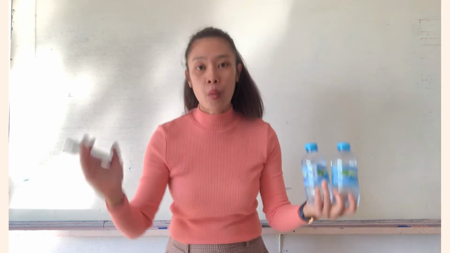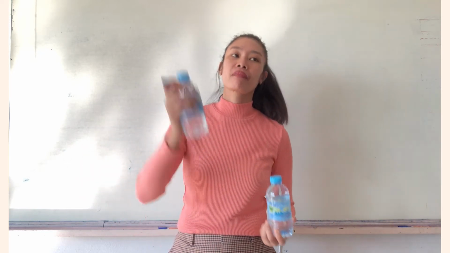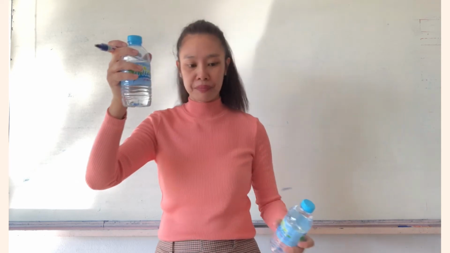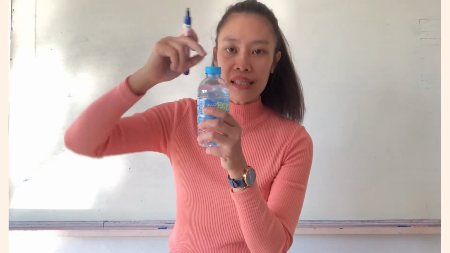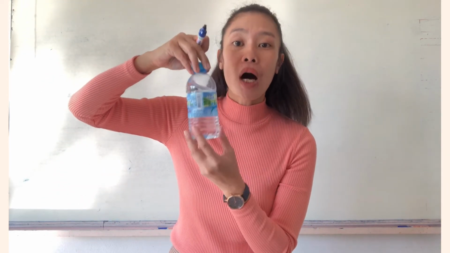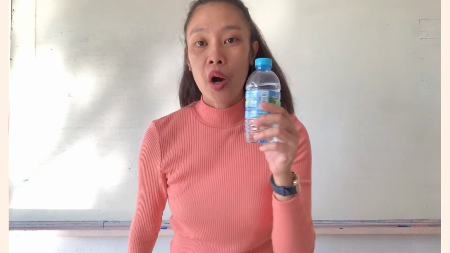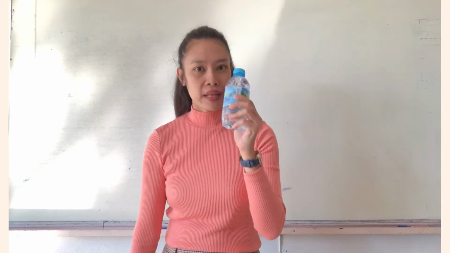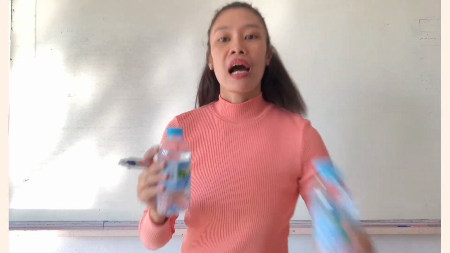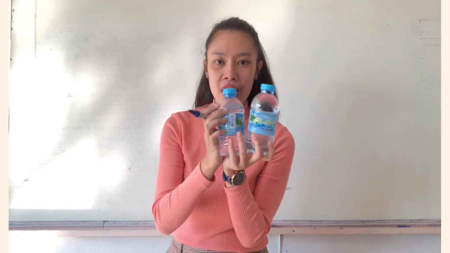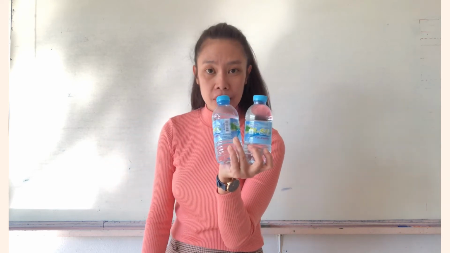Let's talk about how to count the uncountable nouns. We count them by where we put them. For example, water. What is this? Bottle. And what's inside the bottle? Water. So now, how many bottles are there? 2 bottles.